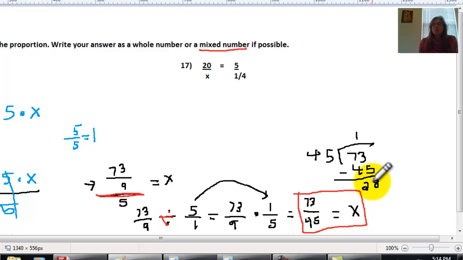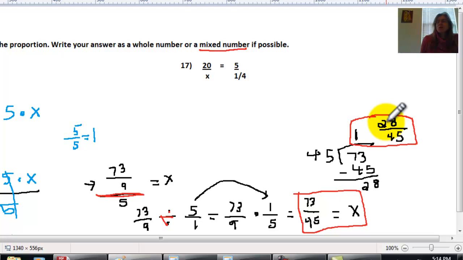And if you remember, when you have fractions, the quotient is the whole number. The remainder is the numerator of the new fraction. That's the part left over. And it's just the 45 on the bottom there. That denominator is not going to change. So then your answer, when it's reduced to a mixed number, is 1 and 28/45.